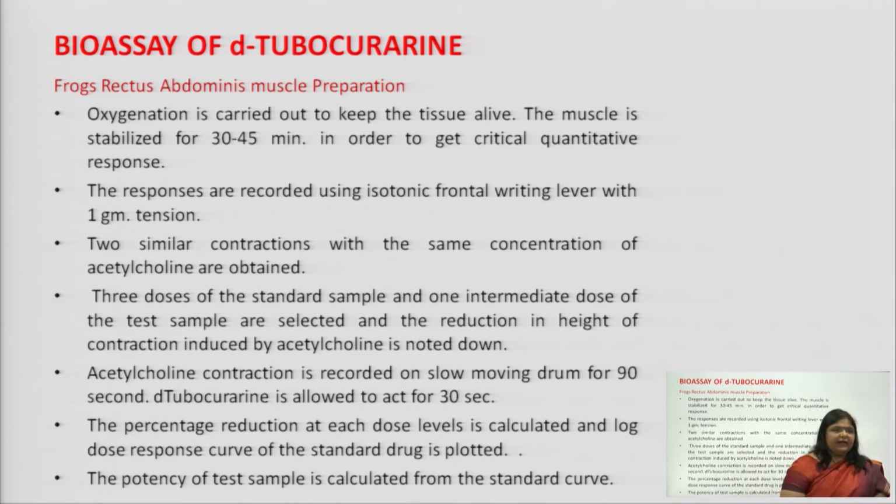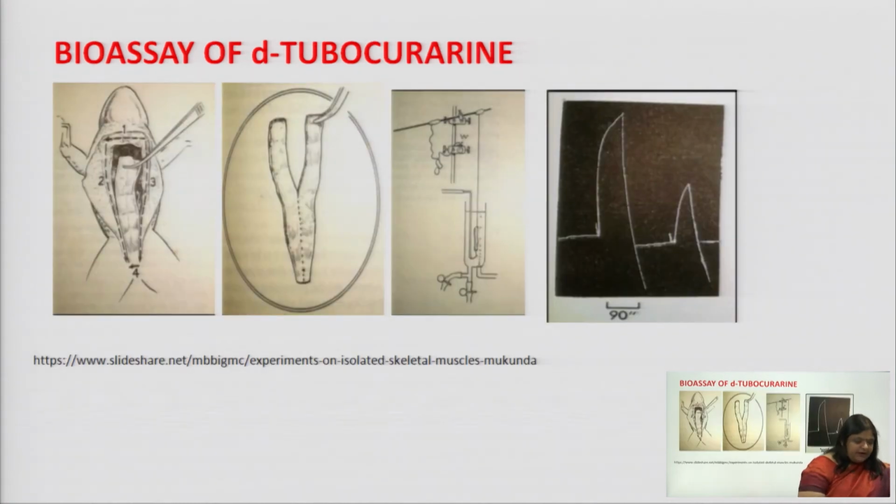We can select any of the methods for carrying out this bioassay of D-Tubocurarine by using frog rectus abdominis muscle. And from that, the potency of the test sample in comparison to the standard sample can be worked out from the standard curve.